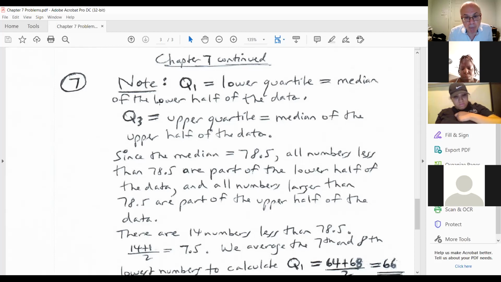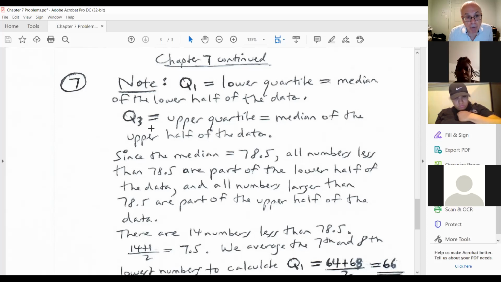Q2 is the median. The median basically says that 50% of the data is less than that, and 50% is greater than that number. What is Q1? Q1 is the lower quartile, which means 25% of the data is less than that, and 75% of the data is greater than that. The upper quartile means 75% of the data is less than that, and 25% is greater than that number.